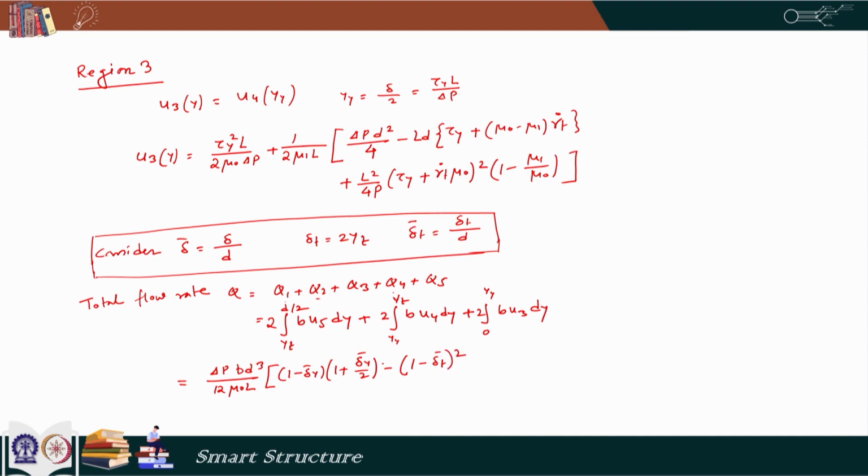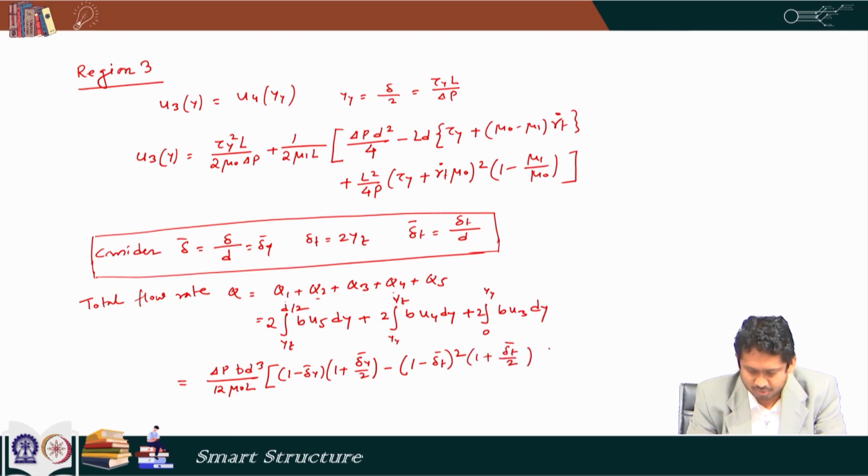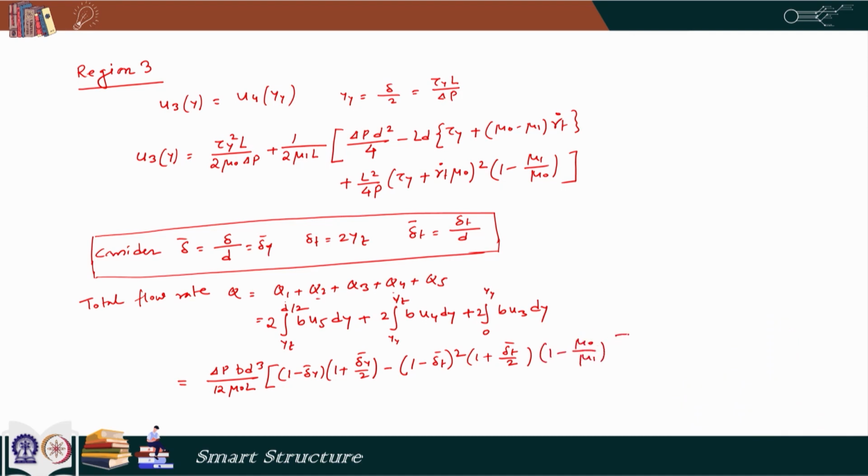So, here delta y bar is just our delta bar, because that is defined between the region y and minus y. So, we can call it delta y bar also, and then we have 1 plus delta t bar by 2 multiplied by 1 minus mu 0 by mu 1, and that is our total flow rate Q.